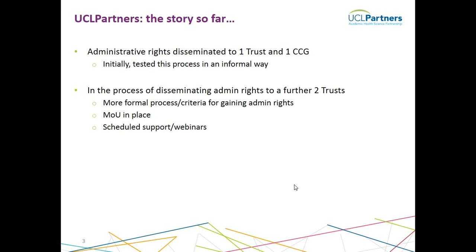The reason why we decided on these two trusts, again, they were quite engaged with us in terms of the local user group and just maintaining contact with myself. They again wanted admin rights for the right reasons, to support improvement work within their trust. And another key reason why we went with these two first to test out this formal process was because they're two of our bigger users in terms of LifeQI.